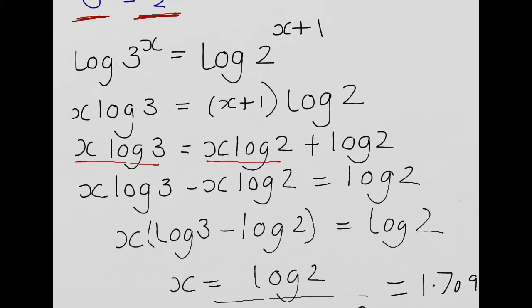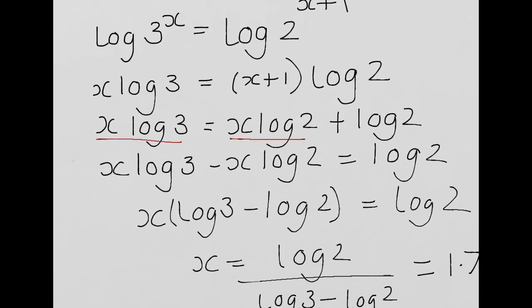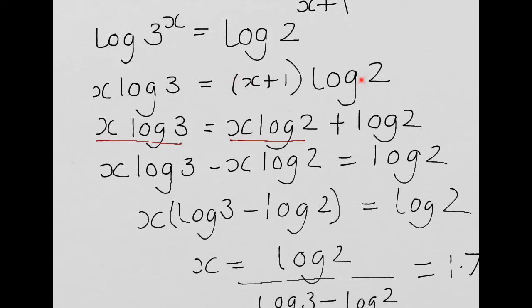So just revisiting that, bases were different, so I can choose any base. I chose log to the base 10 because it's easy to find on my calculator, and it's always good to use things that make our lives easy. I used the power rule, but notice the x plus 1 is in brackets because I have to multiply log 2 to the base 10 by x plus 1.